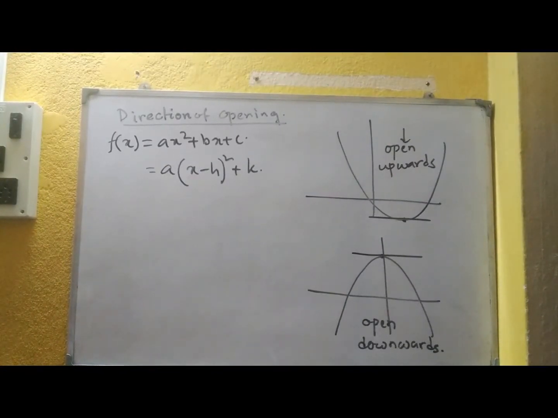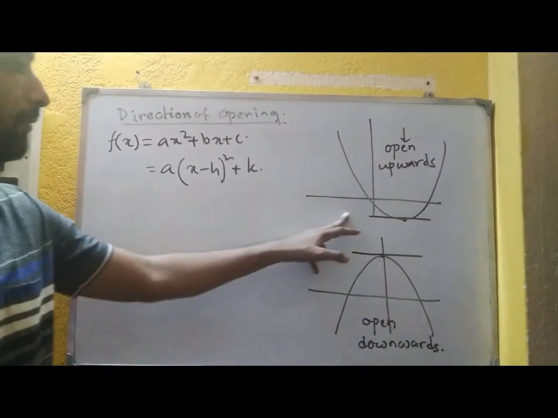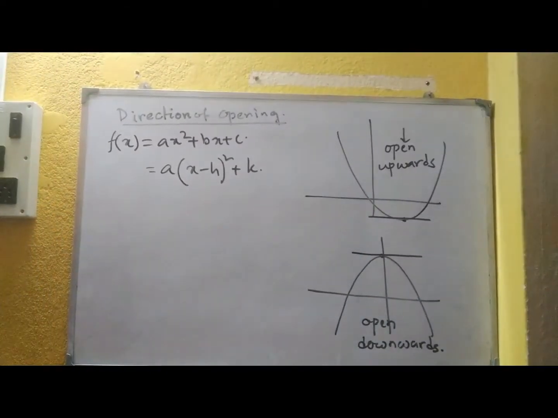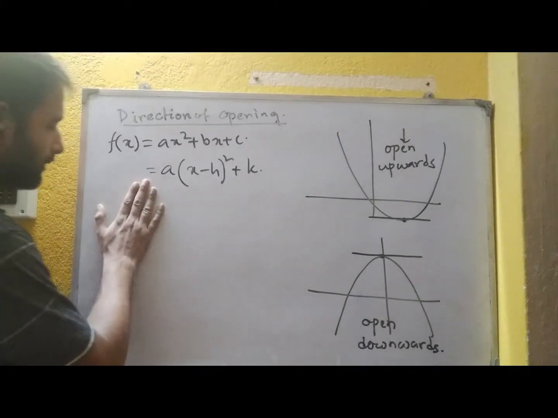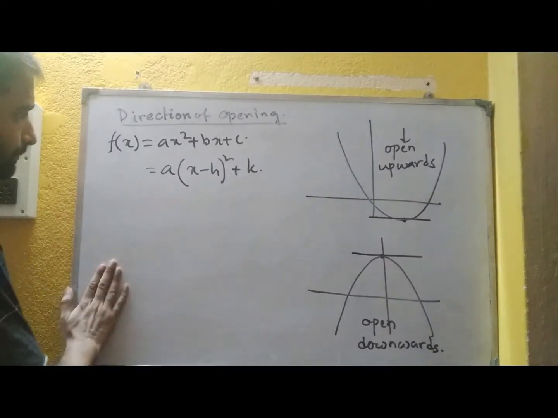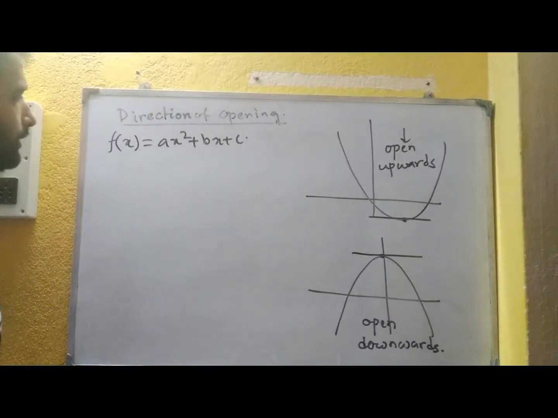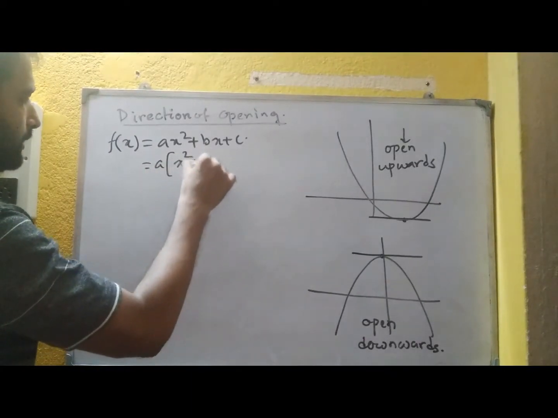From that we can realize if it is maximum, then it is open downwards, and if it is minimum, then it is open upwards. So let us try to express this expression in a whole square form. For that we are taking this a common, and we are writing the expression like this.